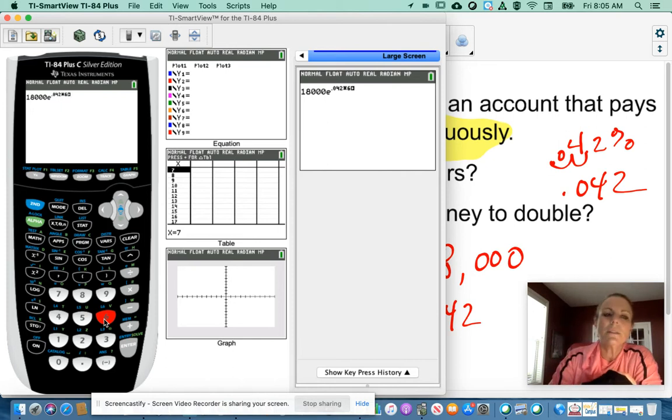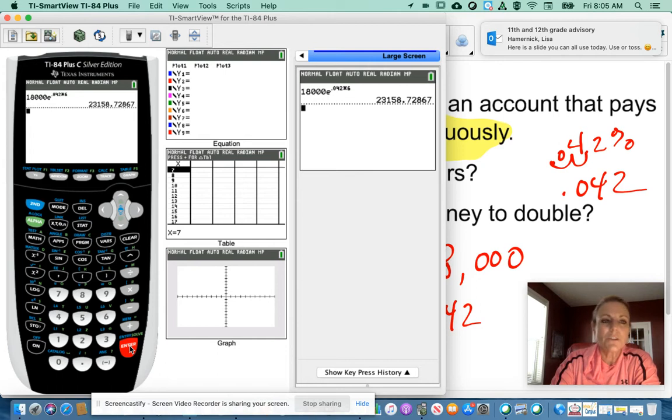Now let me explain something. Because on my calculator my exponent pops up like this, I don't need my 0.042 and my 6 in parentheses. If you have a calculator where it doesn't pop up but stays level with the e with an upside down caret, you must put this in parentheses or it will not work. You won't get the right answer.